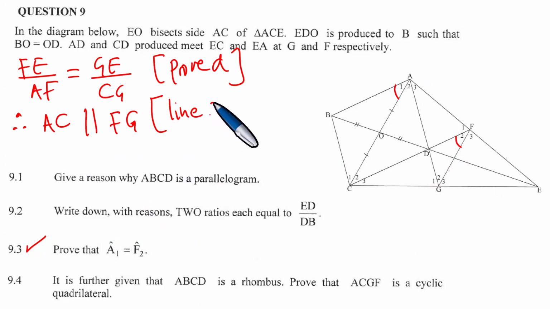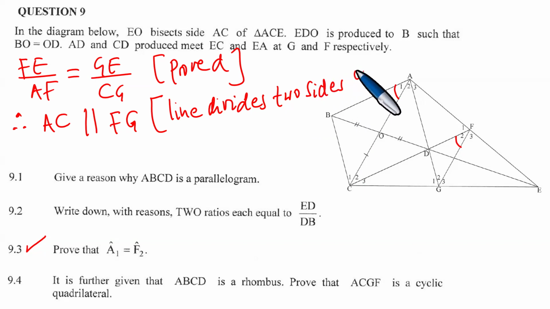Line divides two sides of triangle in proportion. This is the reason.